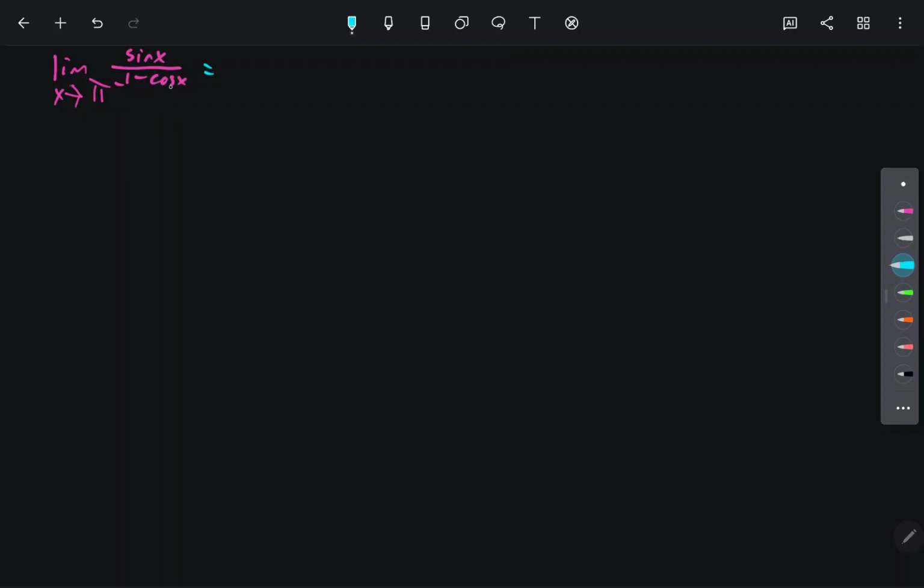Well, if we plug in pi, we see that sine is going to be 0. And cosine, well, cosine will be 1. So we get 0 over 0 here.